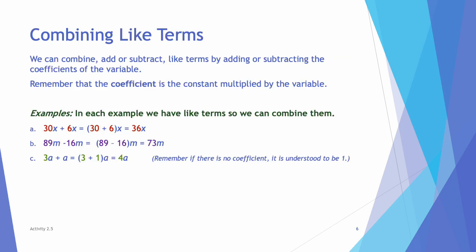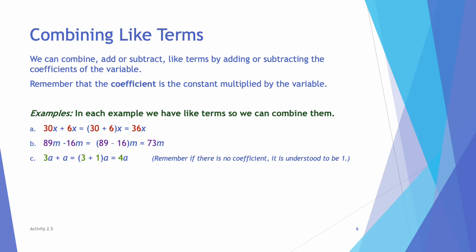Now let's look at how we can combine like terms, add and subtract them. And we do this by adding or subtracting the coefficients of the variable. Remember that the coefficient is the constant multiplied by the variable. So let's look at these examples. If I want to add 30x plus 6x, I add the coefficients of 30 plus 6, which is 36, and then I add the x.